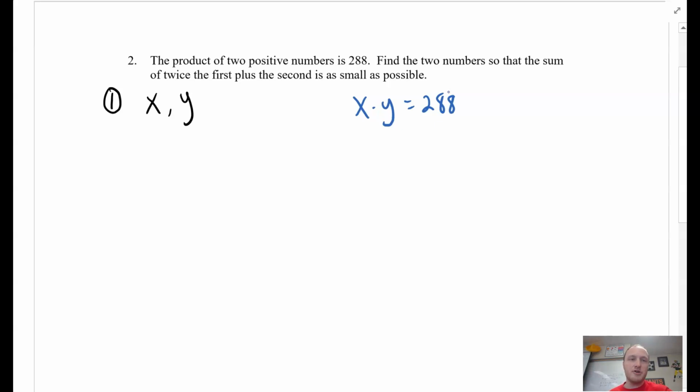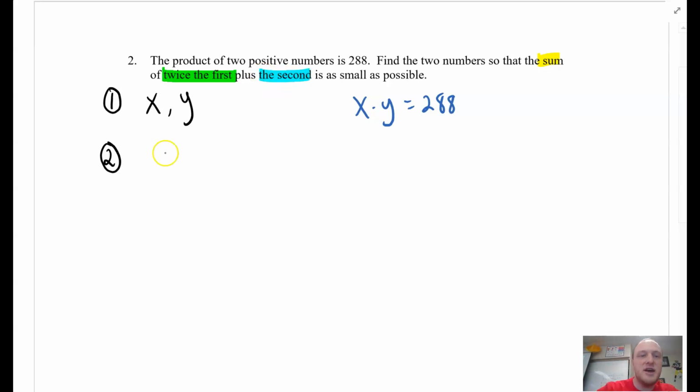And step number 2, it says choose a primary equation. What you have to do is take the equation that you want to minimize or maximize or optimize. In this case, it is the second piece here. It says find the two numbers so that the sum of twice the first plus the second is as small as possible.